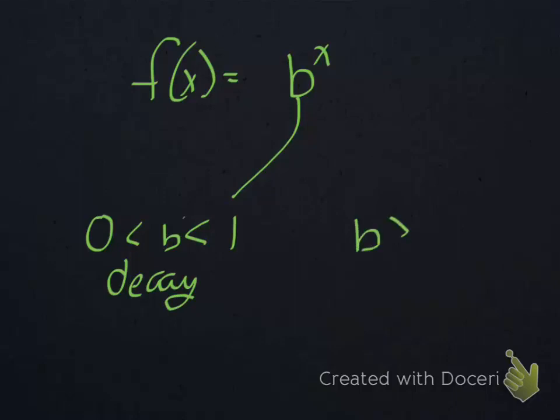If b is greater than 1, we called it a growth. Should there be an equal sign on either one of these?